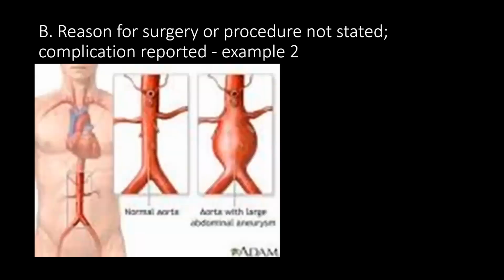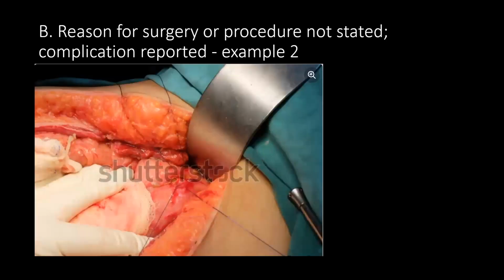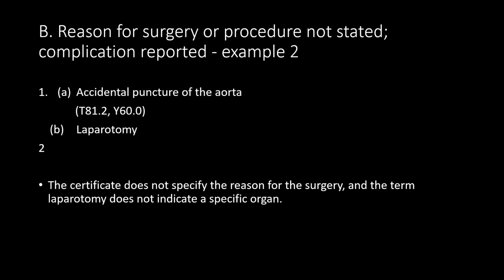We talk about aorta. Aorta is the largest artery in the body. And during a laparotomy, this means when the abdomen is opened up, there is a possibility that the aorta is punctured inadvertently. The certificate does not specify the reason for the surgery, and the term laparotomy does not indicate a specific organ.